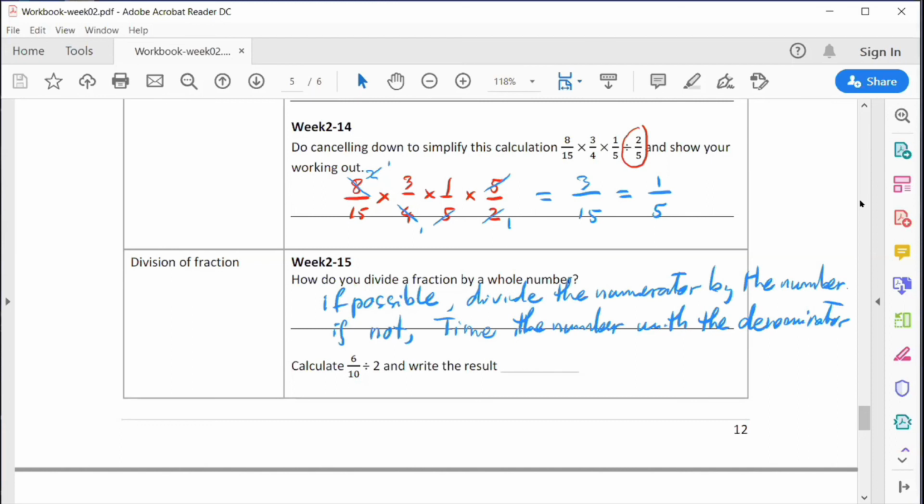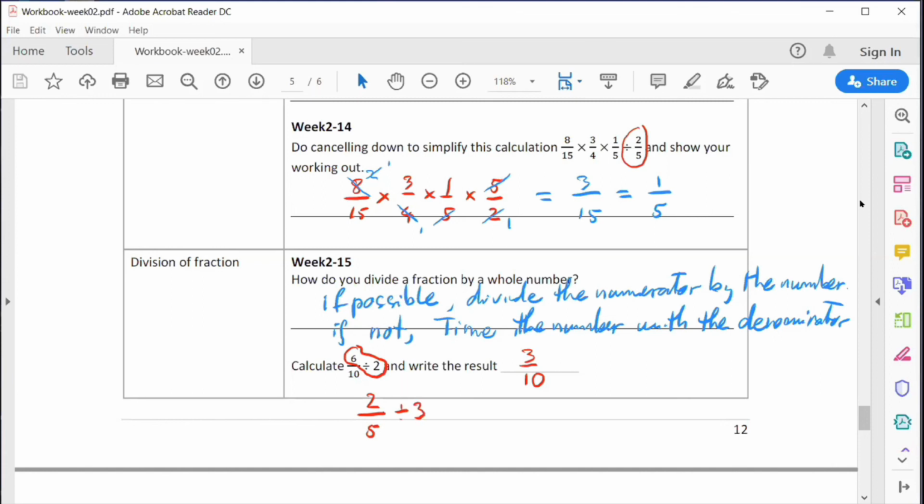So in this case, when you calculate that, it's possible to do it, right? So you divide it and you get 3 out of 10. But if you can't do it, I'll give you an example. If you have something like 2 out of 5, you divide by 3.